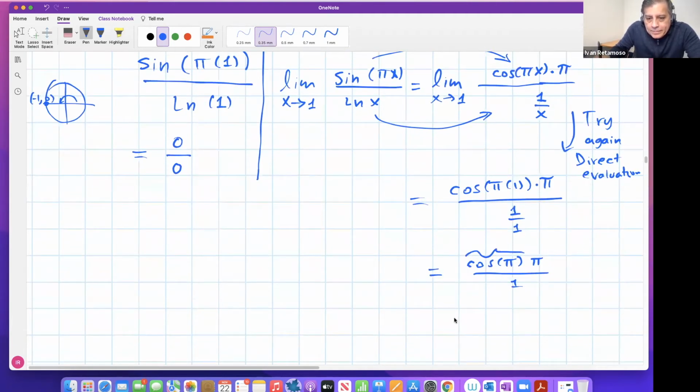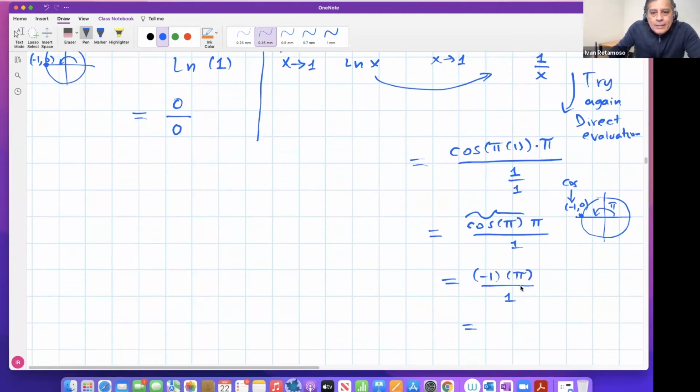Cosine of pi in the unit circle again, since pi is here, this guy has coordinates -1, 0. So cosine is always the first coordinate, right? So cosine of pi is -1. Believe it or not, guys, -1 times pi divided by 1. -1 times pi is negative pi divided by 1, negative pi, right? So negative pi should be the answer for that question.